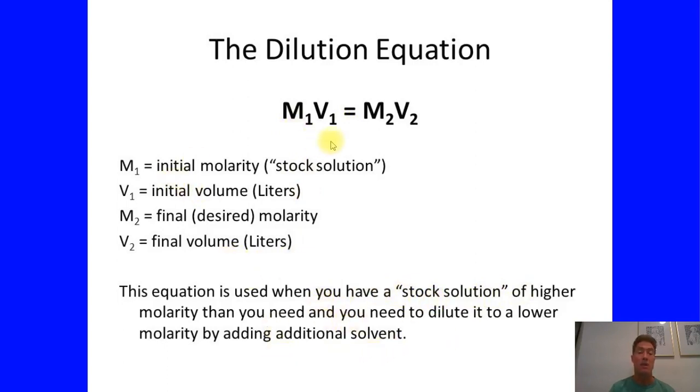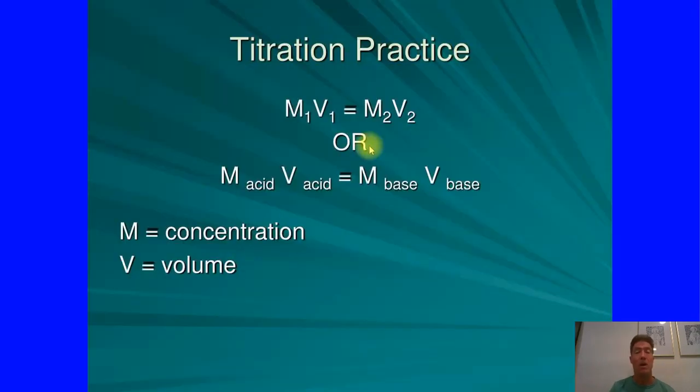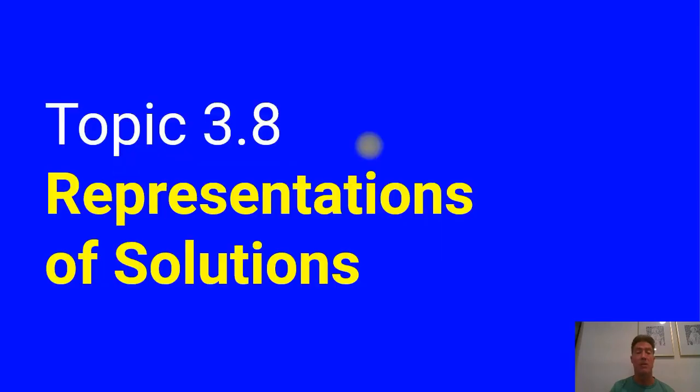Well, we'll just use this M1V1 equals M2V2 equation. We can also use this to calculate titrations when we try to figure out how much acid is going to react with how much base. So this is a very useful equation, M1V1 equals M2V2.